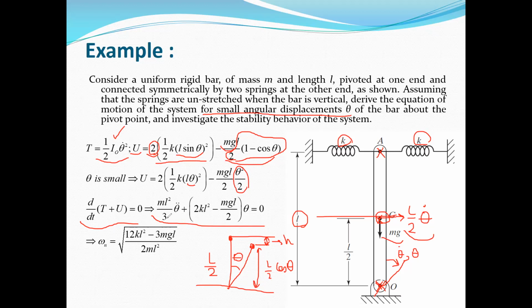And theta dot comes out from the parentheses, and the terms in the parentheses are the equation of motion, and it must be equal to 0. So the natural frequency for this system is the square root of the coefficient of theta divided by the coefficient of theta double dot. And now we can discuss the stability of the system.